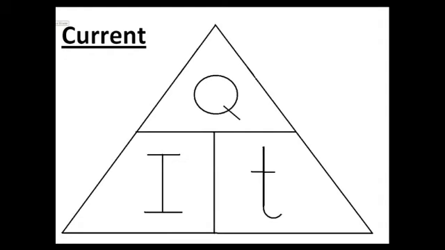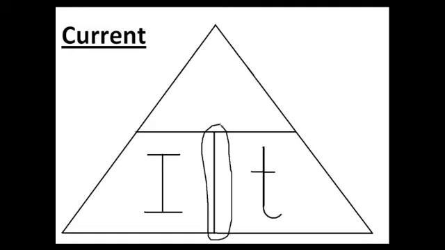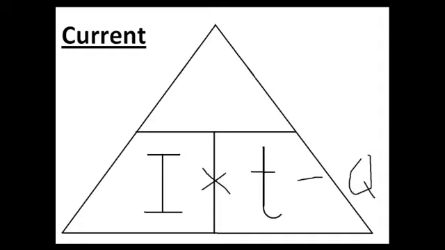So let's say I didn't have Q, but I had I and T. So you just erase Q or cross it out, and then all you need to do is, since this line here means you multiply, like if they're right next to each other, what I would do is I times T equals Q. You could also do that with the other possibilities too.